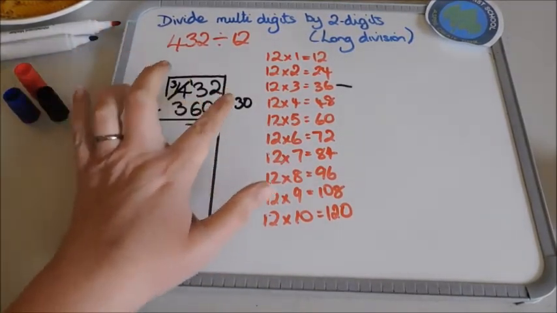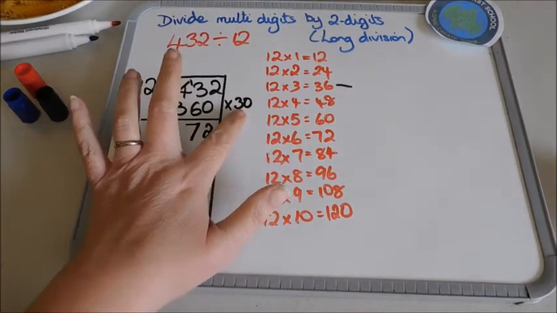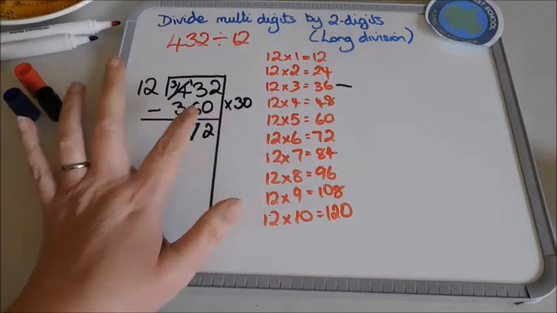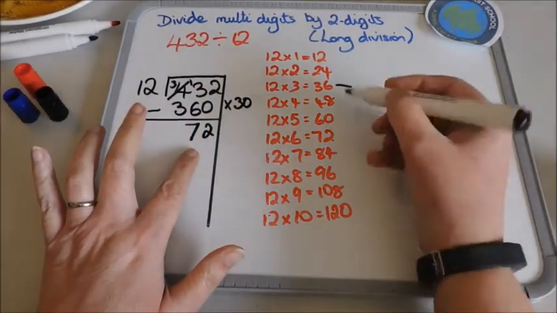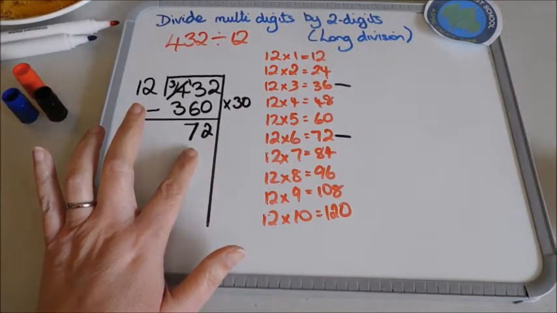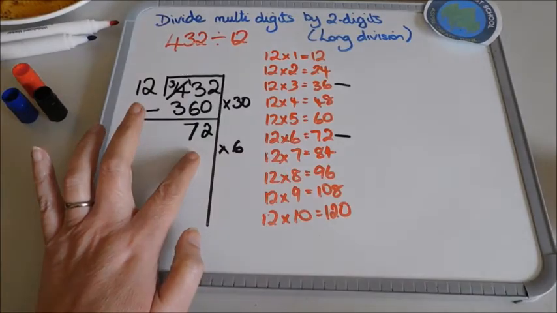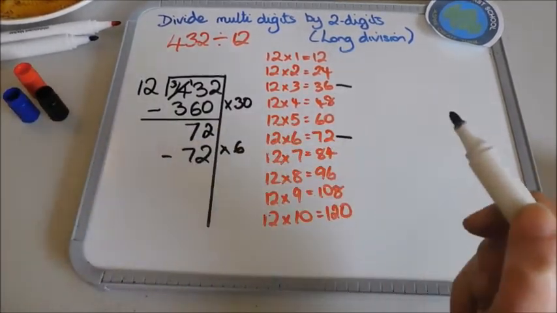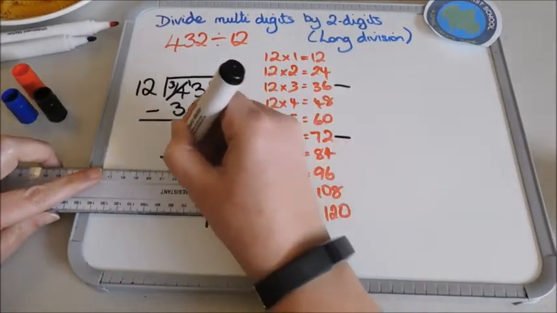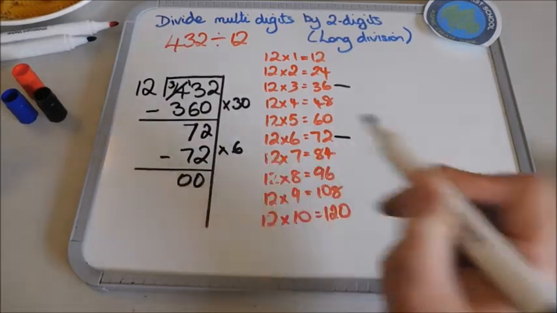Now don't forget I've got 30 times there. We know that 30 times 12 was 360. Now I need to see how many 12s make 72. And if you look here, I've got a 72. So 6 times 12 is 72. So we're going to deduct that. 72 take away 72: 2 take away 2 is nothing, 7 take away 7 is nothing.